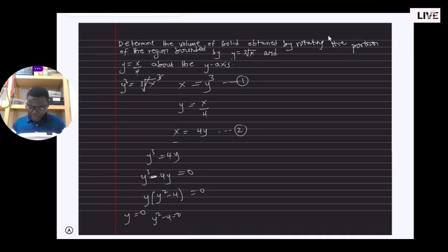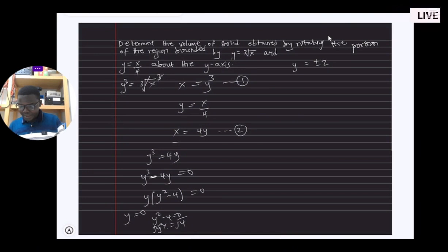For this one, we get y squared equal to 4, and we can find the square root of both sides. When you find the square root of both sides, we get y equal to plus or minus 2. But here we are not going to consider the negative 2, and I explained the reason why in my previous tutorial, on the other example that we solved.